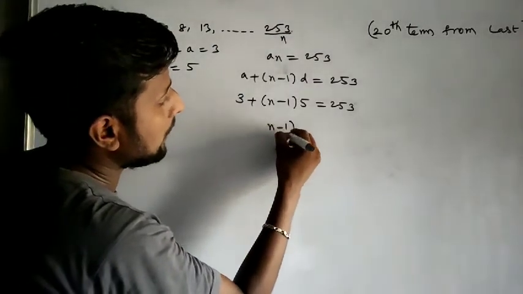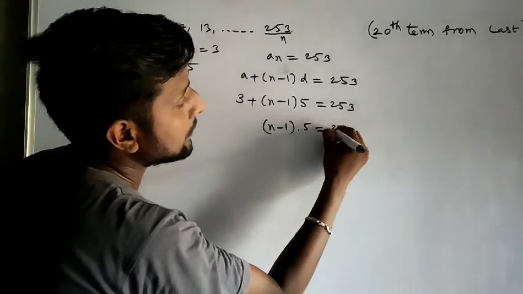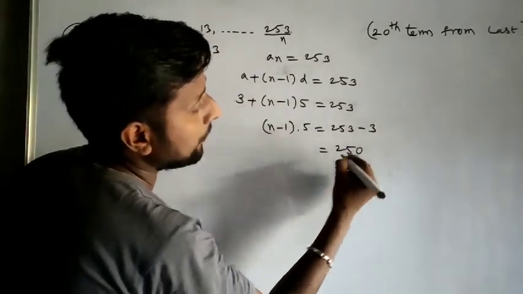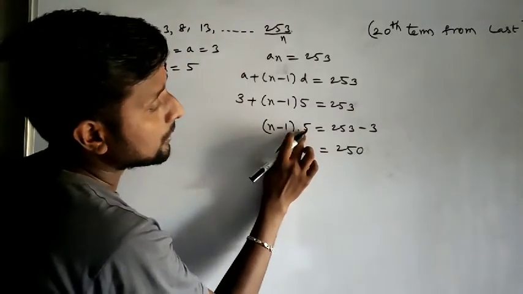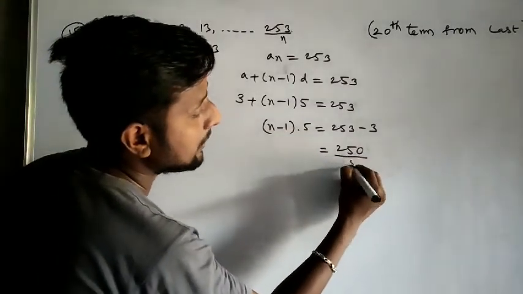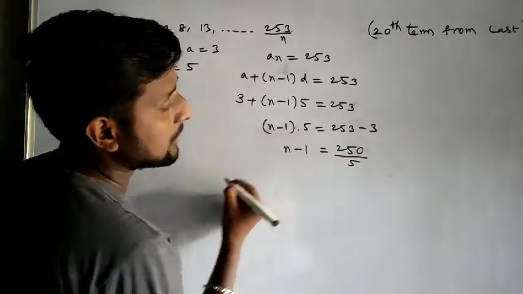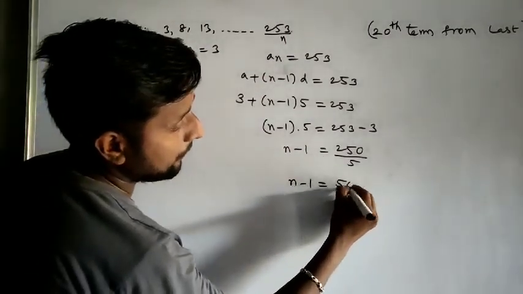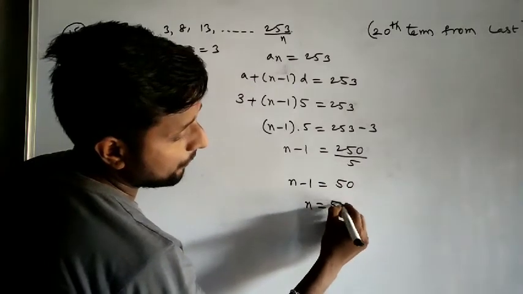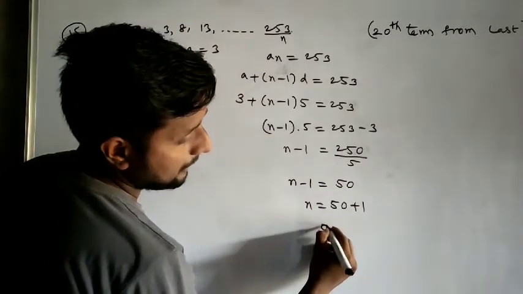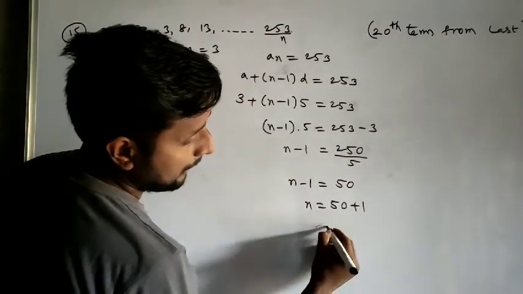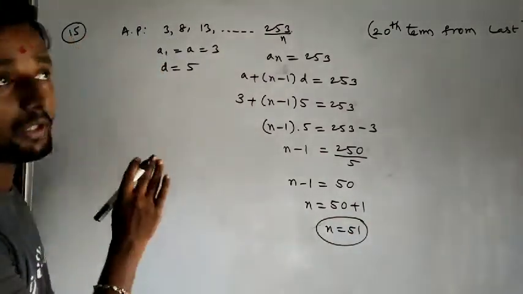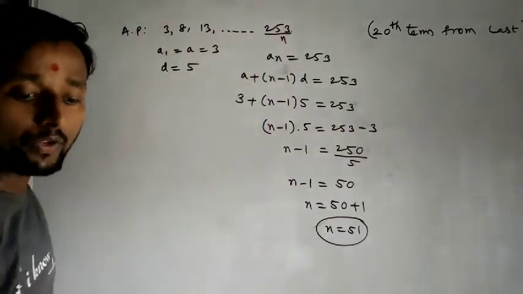So n minus 1 into 5 is 253 minus 3. Answer we got is 250. Now divide by 5, so n minus 1 is equal to 50. n is equal to 50 plus 1, n is equal to 51. So in total, the series has 51 numbers.